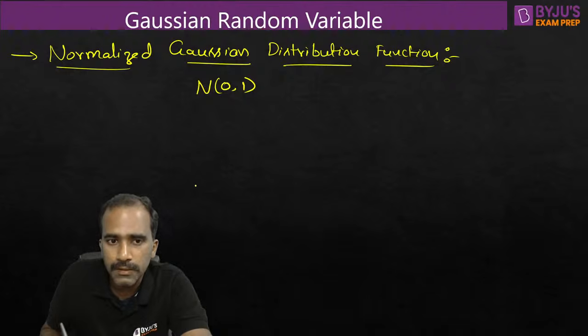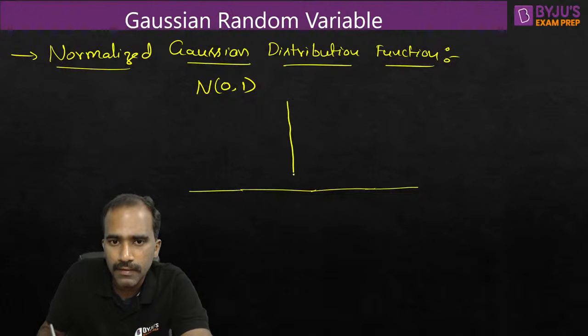So let me plot it. On the x-axis, x is the variable. Let me plot the Gaussian curve.